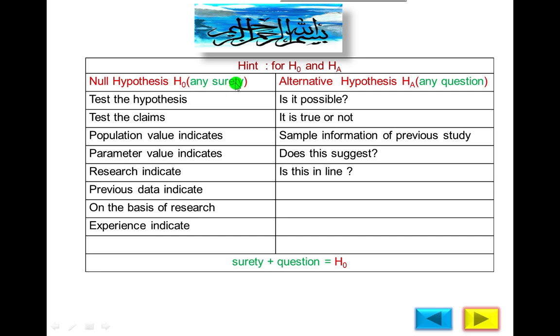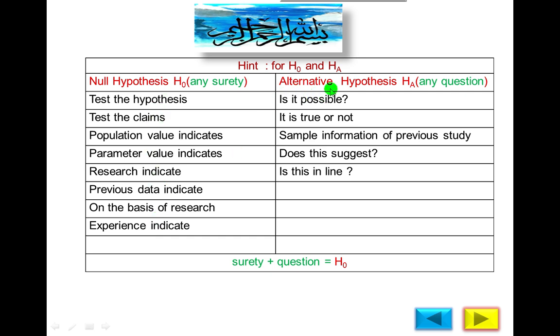So any surety indicates the null hypothesis, because a claim depends on large experience, large data. Test the hypothesis, the order is given here. So any surety indicates null hypothesis.